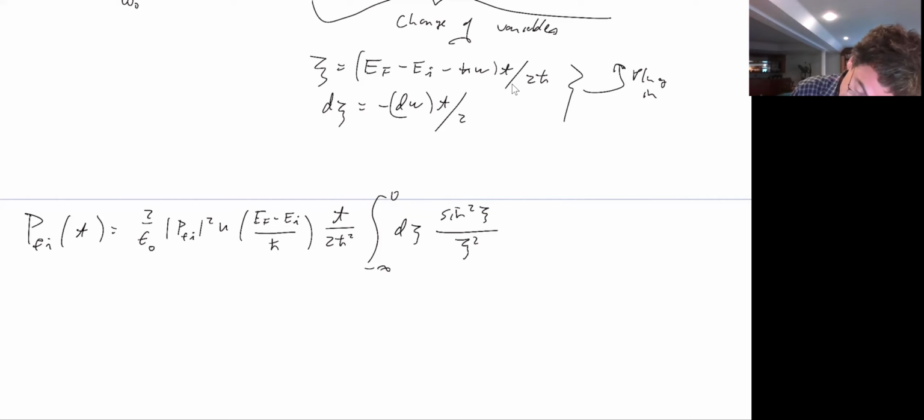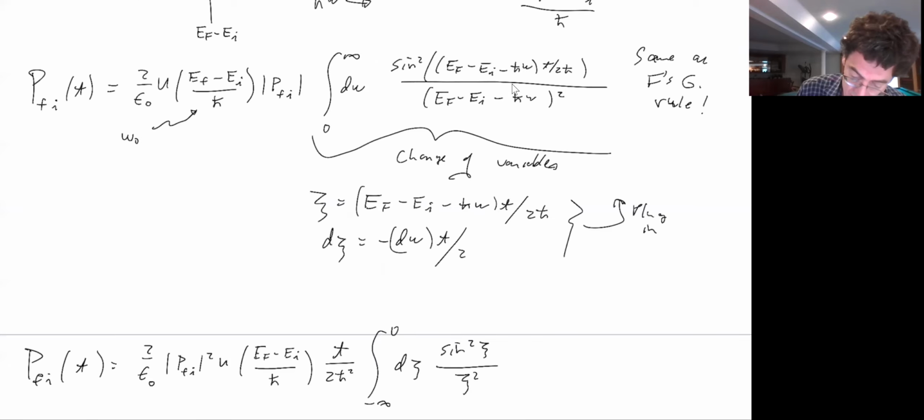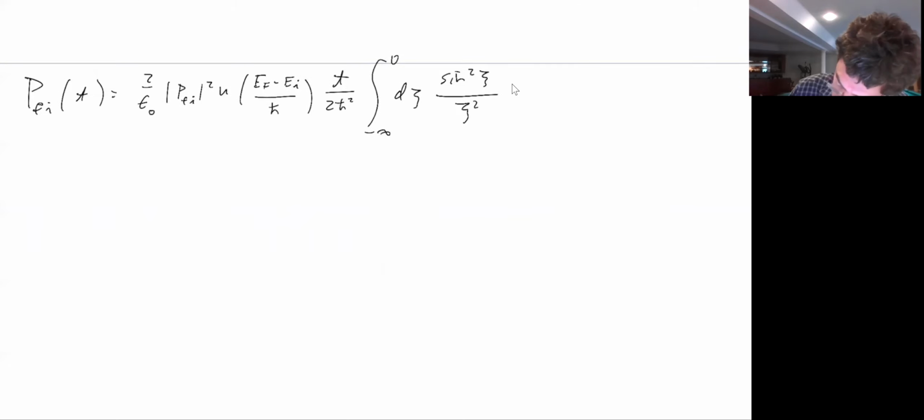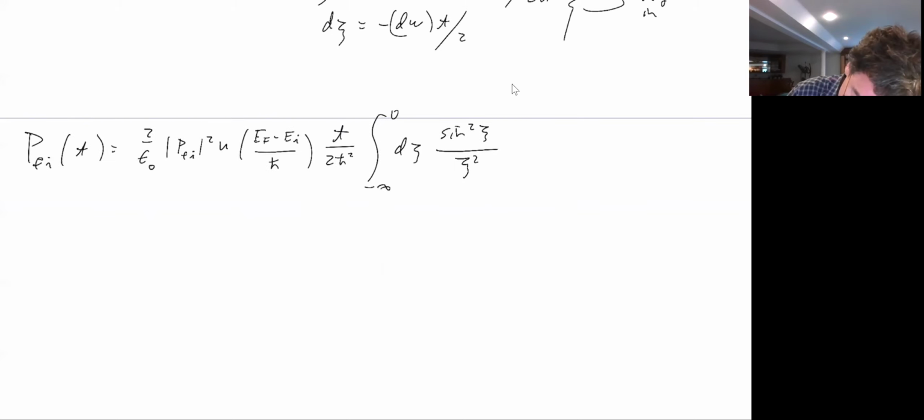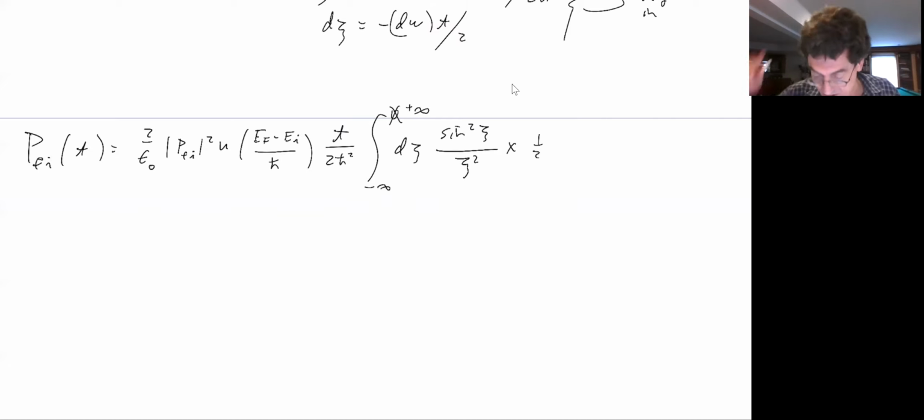Since this is an even integrand, this is the same as extending the limits to plus infinity and multiplying by 1/2. So we doubled the integral, and then multiplied by 1/2 because it's an even integrand.